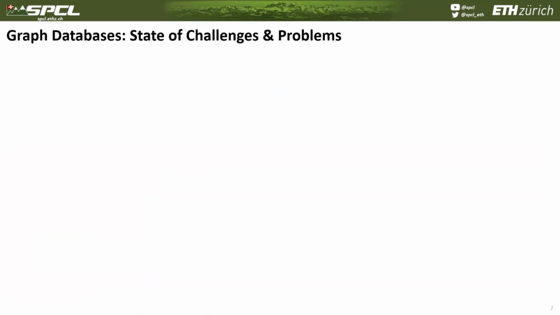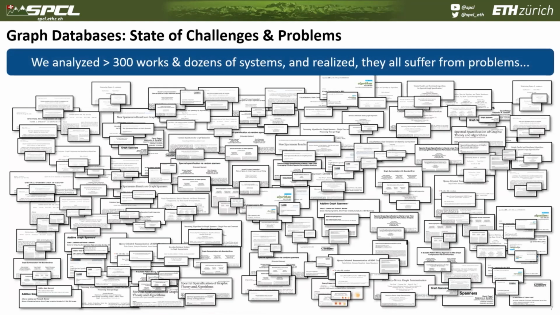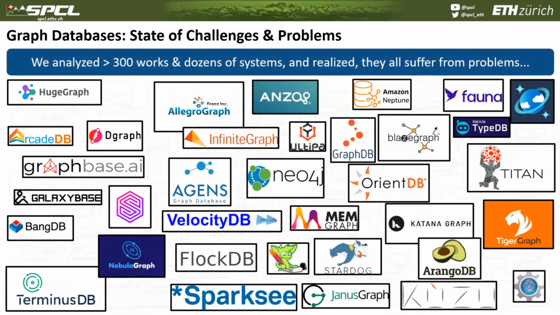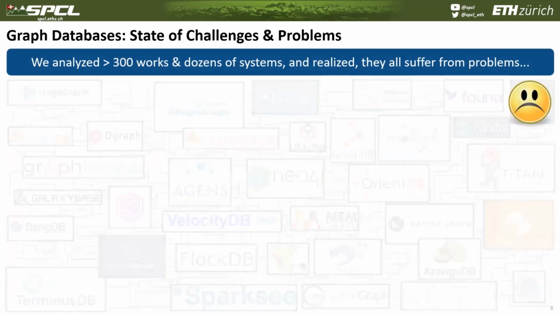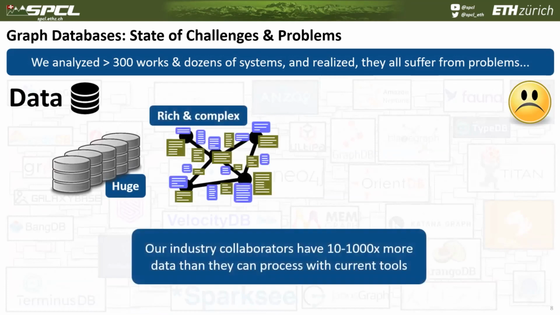In order to understand the state of challenges that we have in graph databases, we analyzed a lot of different works and code bases of several systems. And then we identified three classes of problems that are still out there and wait to be resolved. So on one hand, we have challenges with the data. The graphs that we have to process are really large, but also rich and complicated, as we saw already, because of the fact that we can have rich sets of labels and properties.